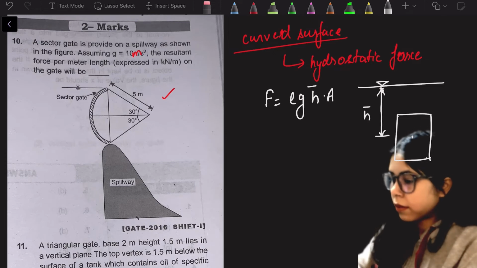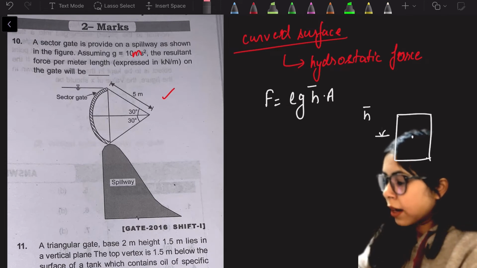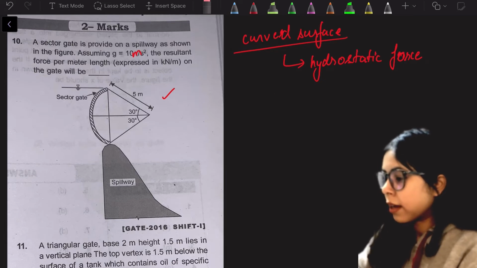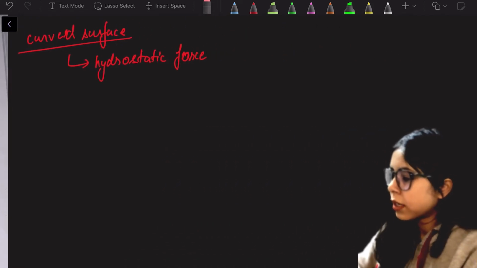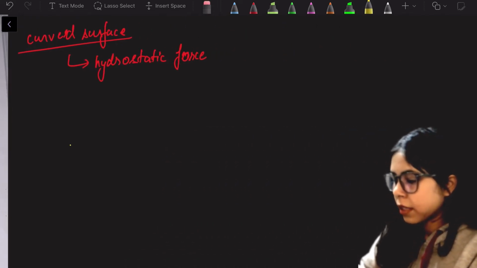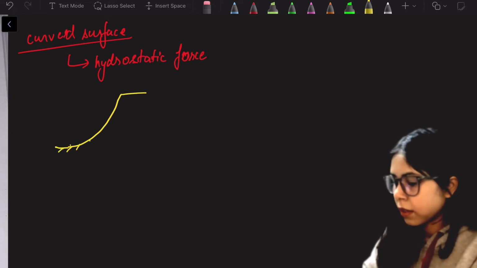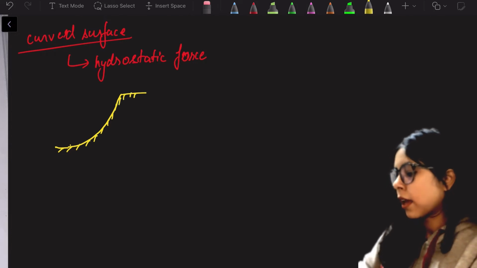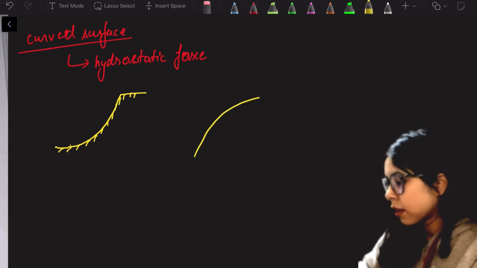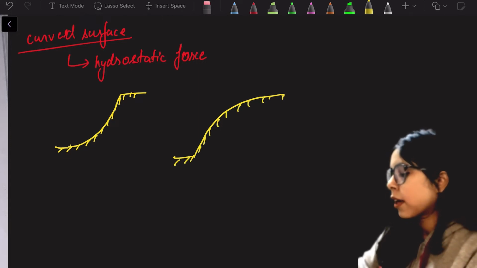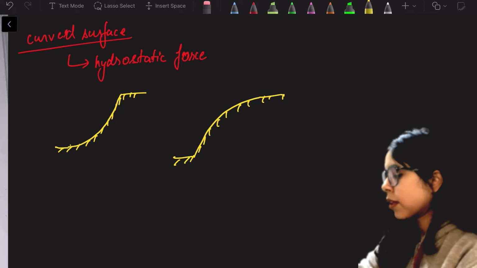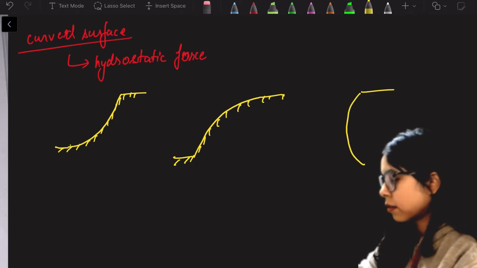Now when the body is not a flat or plane body, if it is a curved body, then in that case we have three types of curved bodies. One body is something like this. There can be a body that is something like this, or there can be a body that is something like this.